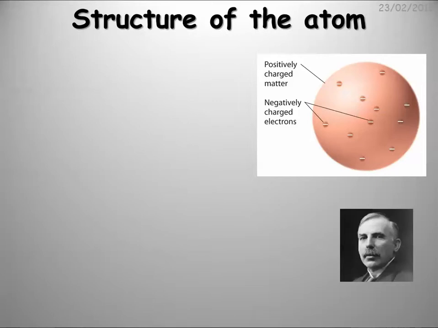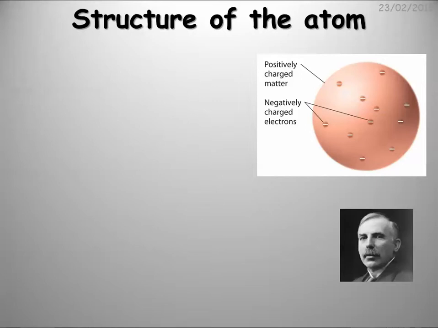So what you've actually got is a solid, like snooker ball of material, or maybe not a snooker ball of material, no one really knew what it was to be honest, but some solid mass of material with negative bits throughout it. Rutherford, being a scientist, wasn't quite sure about that.